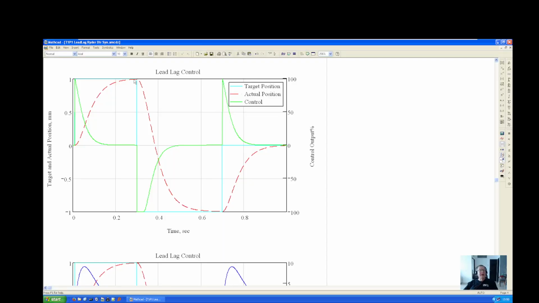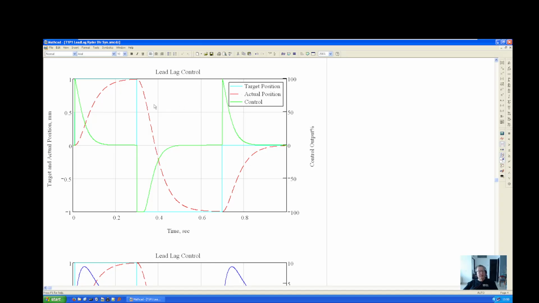Now remember when I just did it using the time domain, converting the Laplace transform, doing the inverse, getting an equation in time, it took 0.2 seconds, but it takes a little bit longer in reality because you're saturating the control output here, and it's limited to 100%.